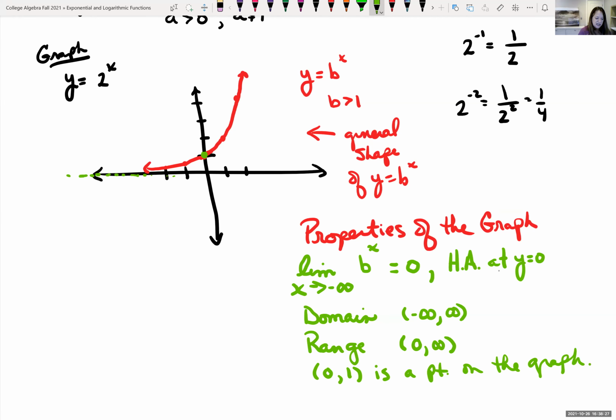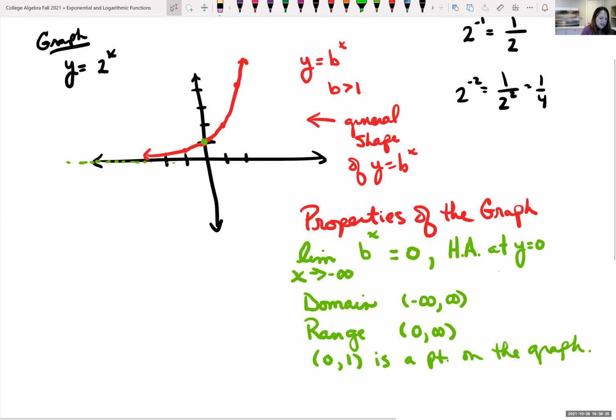Okay, so now let's look at the case where your base is between 0 and 1 and what the graph would look like there. So let's graph y equals 1/2 raised to the x power.